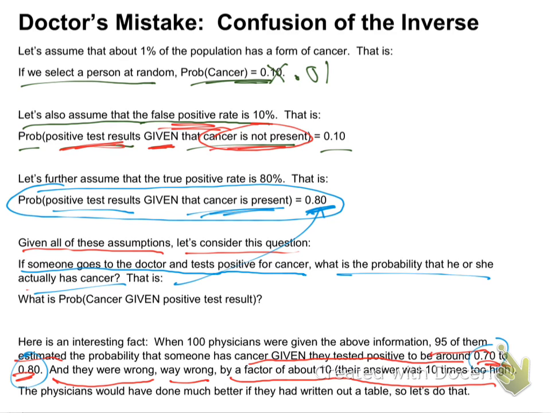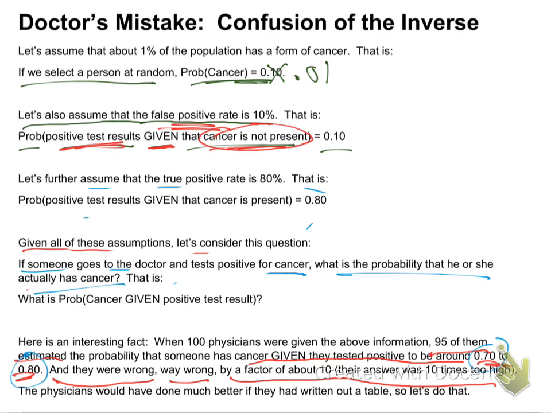Why is that wrong, first off? Why isn't that exactly the same thing? See how that's a switching of the order of the given? That's what I didn't carefully listen to when the person asked me the question. It's a switching of the order. And that really matters. Right up here, this 80% is positive result given cancer, right?